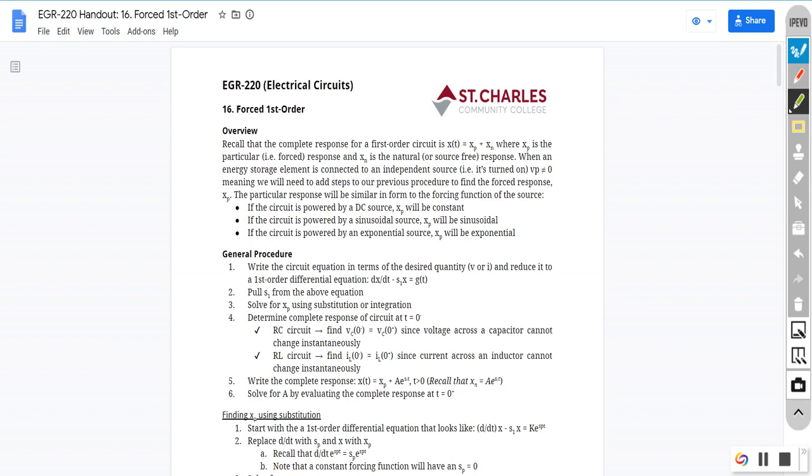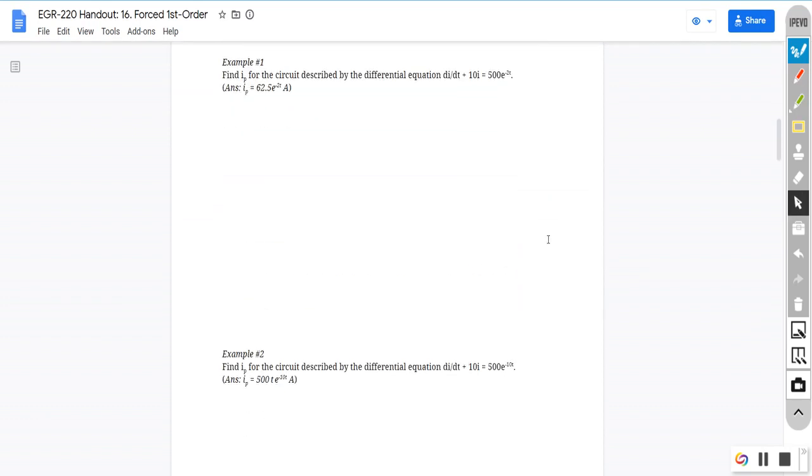So let's look at how we find that. We have this differential equation, di/dt plus 10I equals 500e raised to the negative 2t, and we're asked to find the particular response of this. You'll notice that this function now has a non-zero right-hand side.